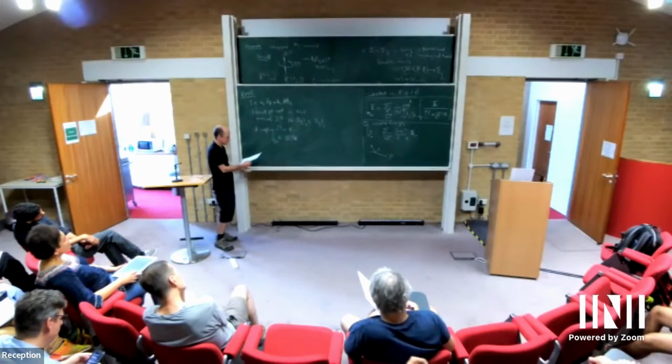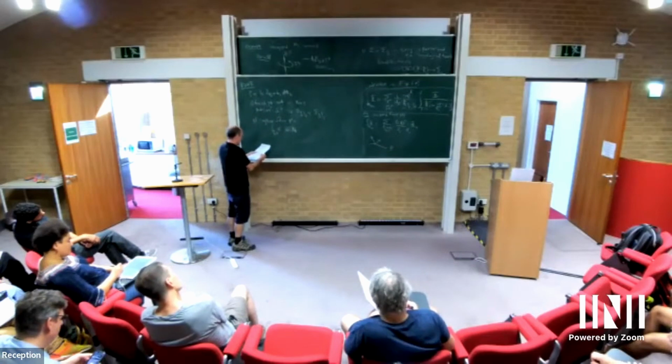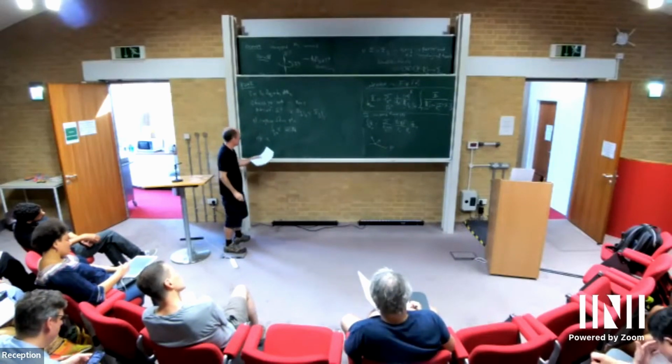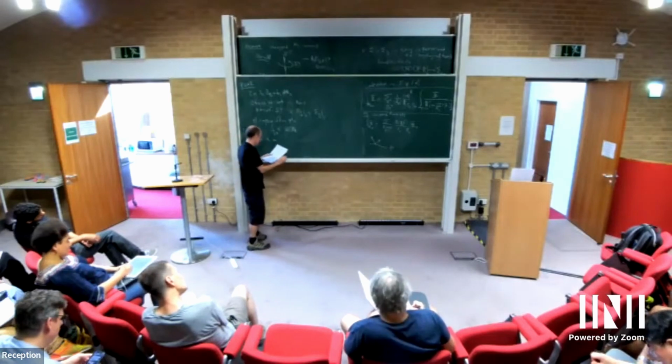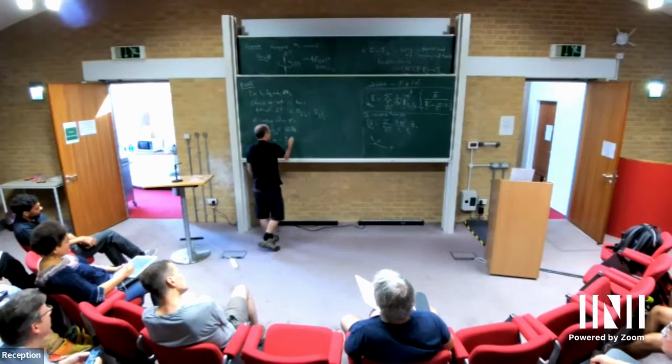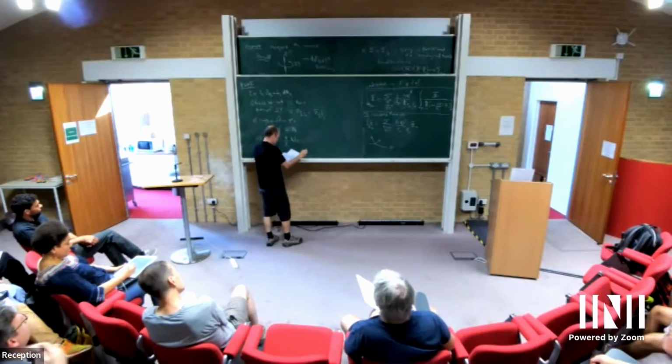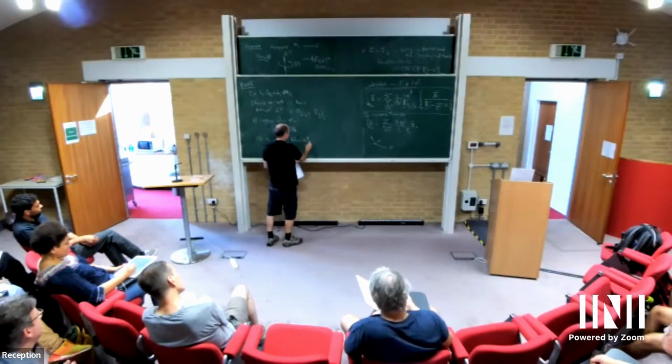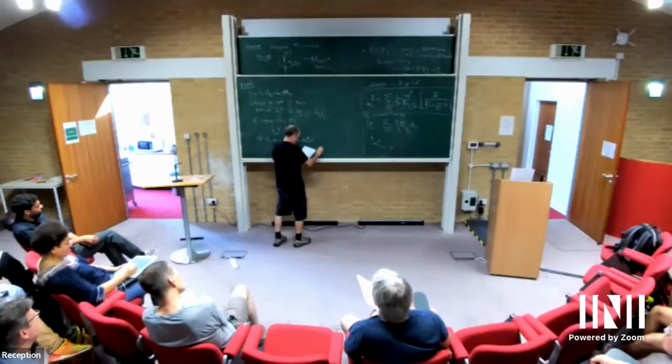You analyze that. And then you calculate the central charge, also using BVAB. And you find that it's proportional to b1 p2 plus b2 p1.